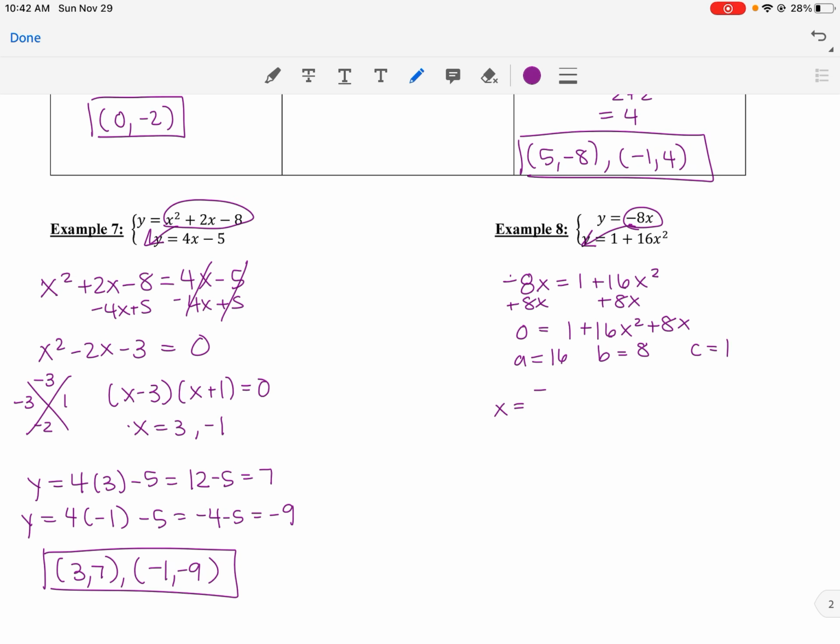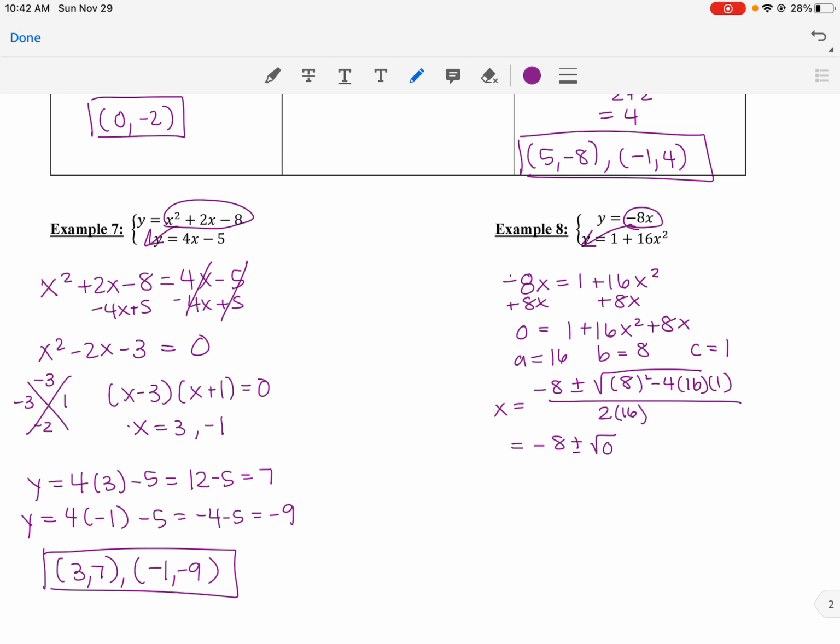So x equals negative b, so negative 8, plus or minus the square root of b squared, 8 squared, minus 4 times a, 16, times c, 1, all over 2 times a, which is 16. So we get negative 8 plus or minus, let's see, 8 squared minus 4 times 16 times 1 is 0.